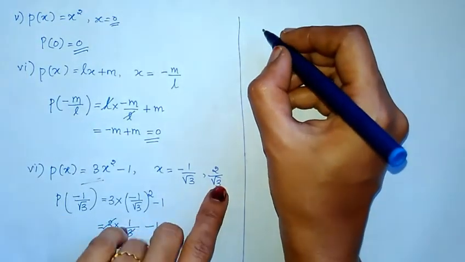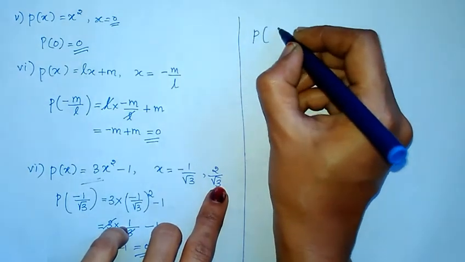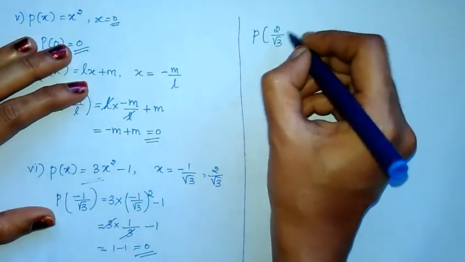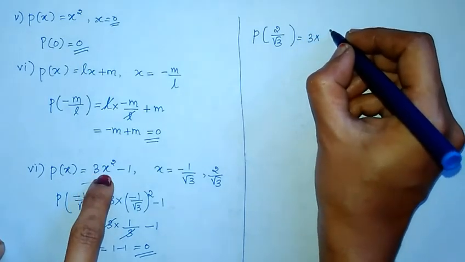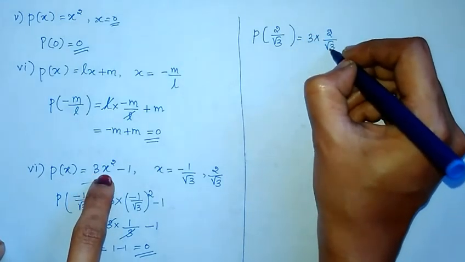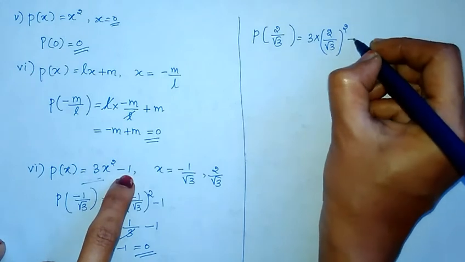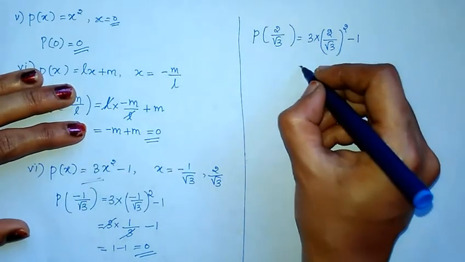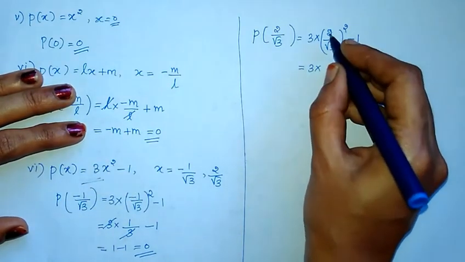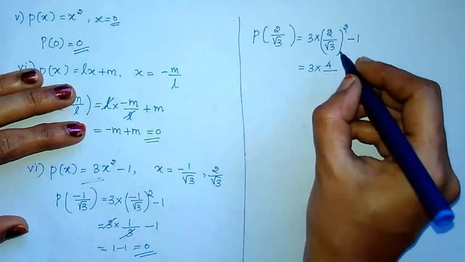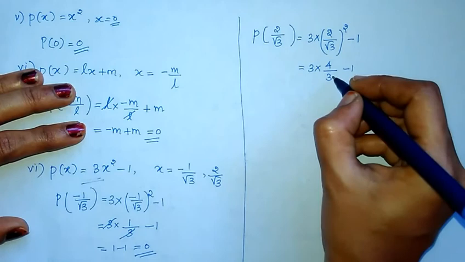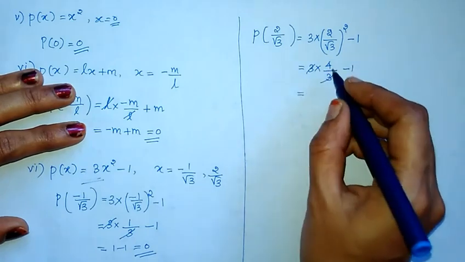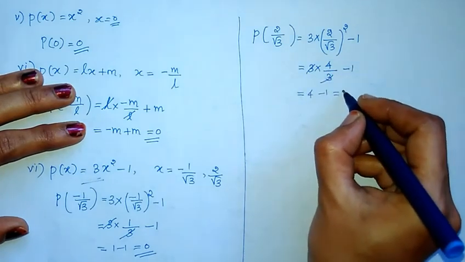Now apply this one for x, p of 2 by root 3 equal to 3 into 2 by root 3 the whole square minus 1, which is equal to 3 into 2 square is 4 by root 3 square is 3 minus 1. 3 get cancelled, which is equal to 4 minus 1, that is 3.